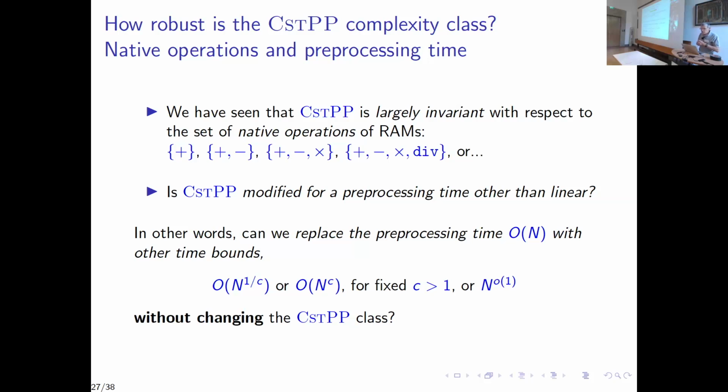Can you replace the linear preprocessing time with square root of n, or polynomial in n, or n to the small epsilon, like log n and so on, or polylog n, without changing the class?